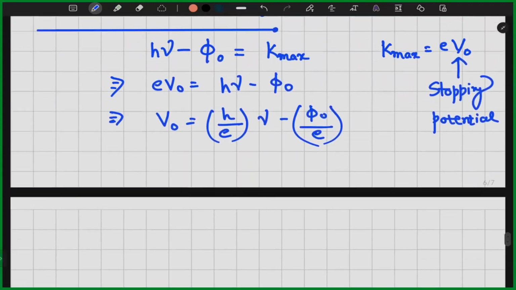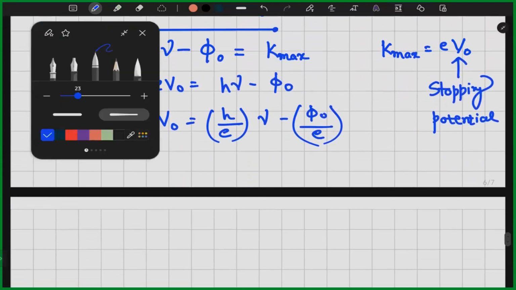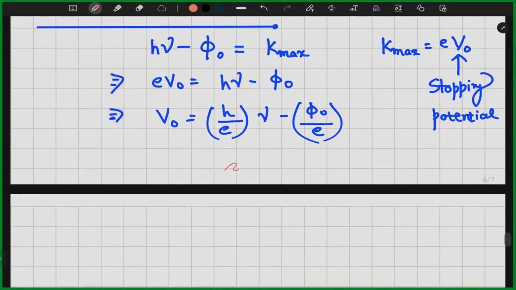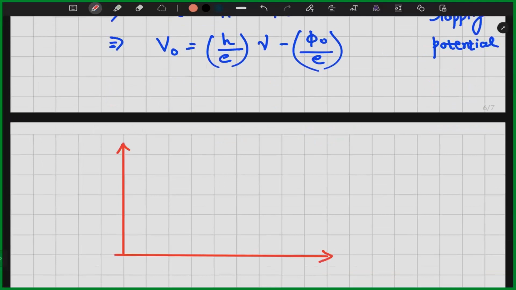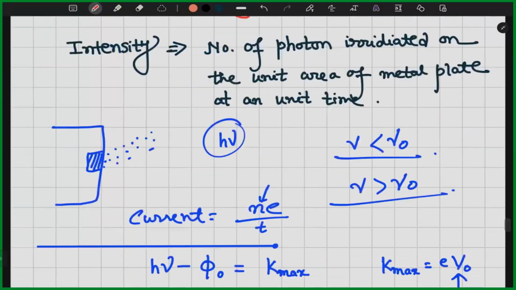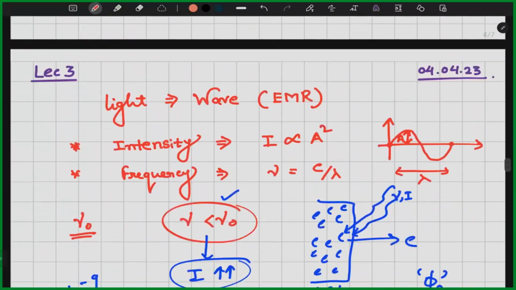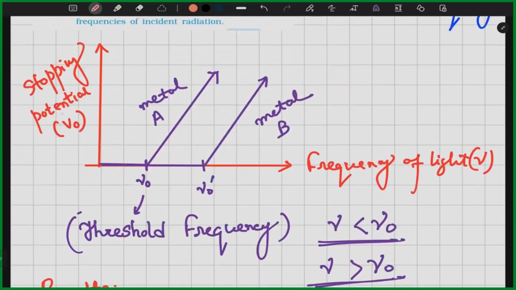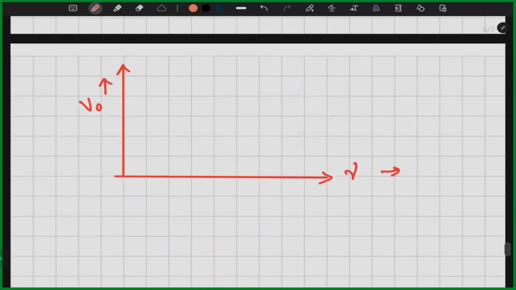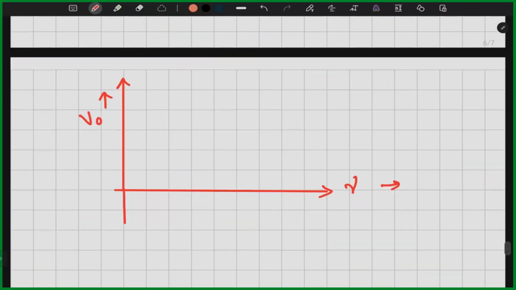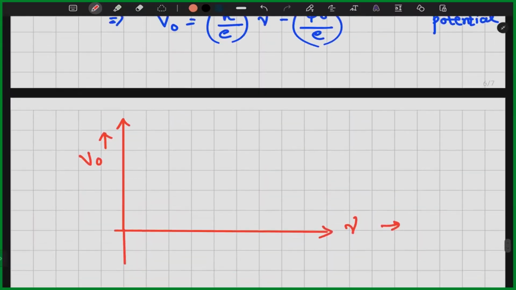So V0, that stopping potential, essentially is like this. Okay, so now if we plot that, what will we have? If we plot the stopping potential against nu, it is linear. So again, this result is also explained, right? This should be like this.